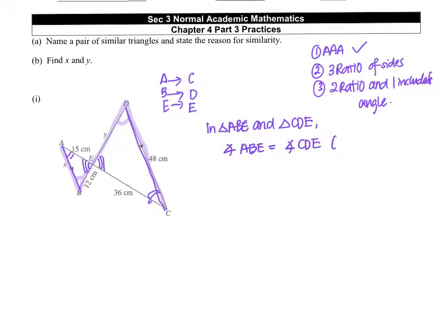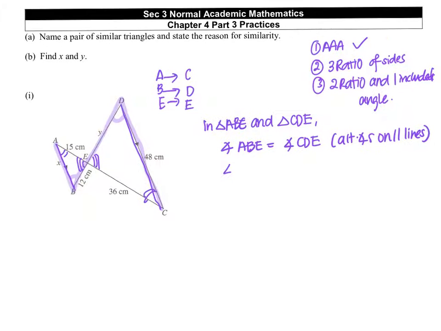Because of the alternate angles on parallel lines. Can you give one more angle? Well, you can choose any of the three. So I will have, let's say, angle BAE, and it must match with angle DCE. Again, this is also alternate angles on parallel lines.